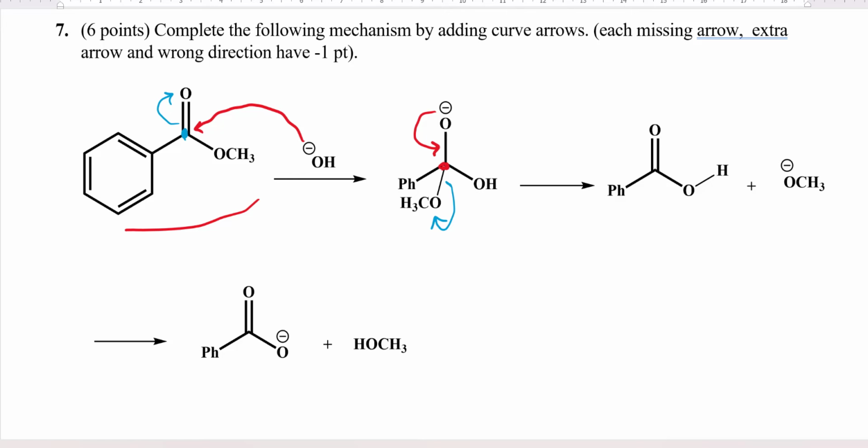Then for the last step, we can see that OH converts to O negative and O negative converts to OH. So it's an acid-base reaction. O takes hydrogen and then the electrons of OH move to the oxygen of the carboxylic acid to make it negative.